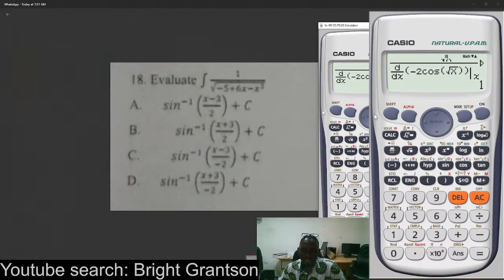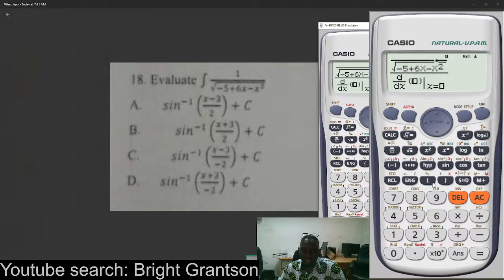When I punch this one, I come to the fraction and punch 1 over the square root of negative 5. Because the negative 5 is there, it's seeing it as an irrational number, because we don't have the root of a negative number. Now I'll punch the multiple choice options. The answer is actually B.